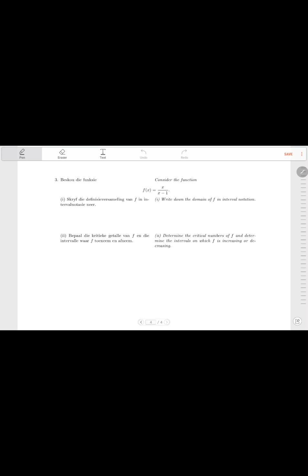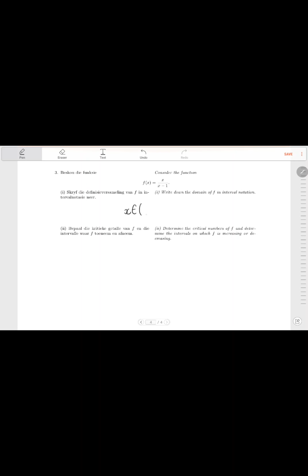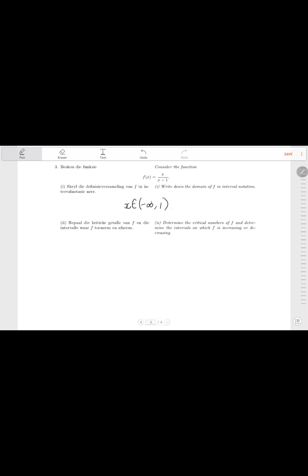So x cannot be equal to 1, and we have to write our answer in interval notation. So x is an element of the open interval from minus infinity to 1, or from 1 to infinity.